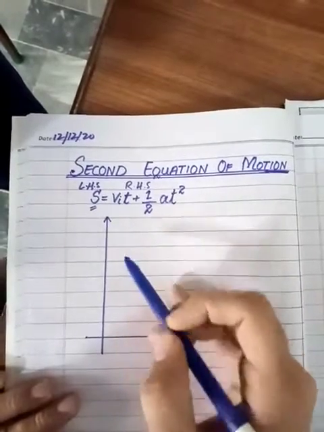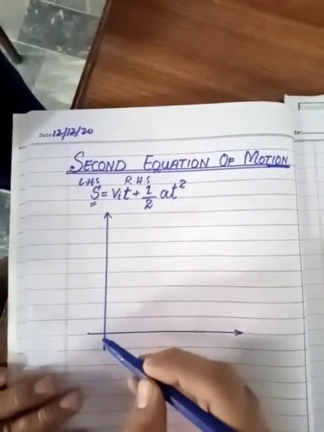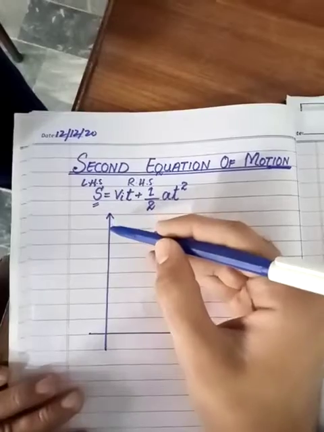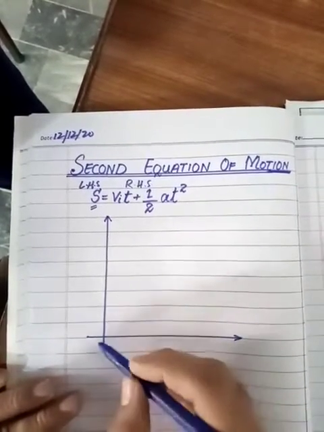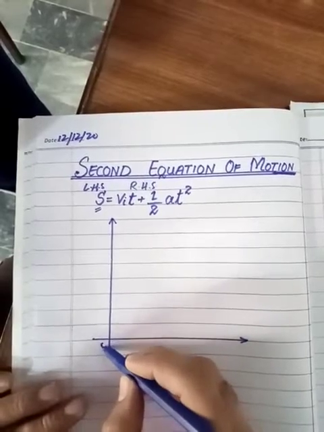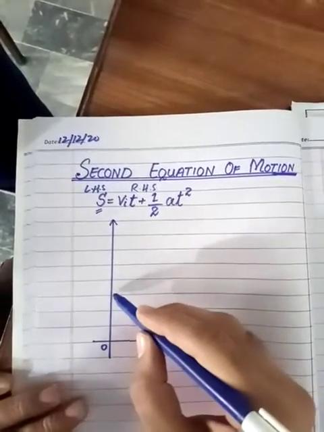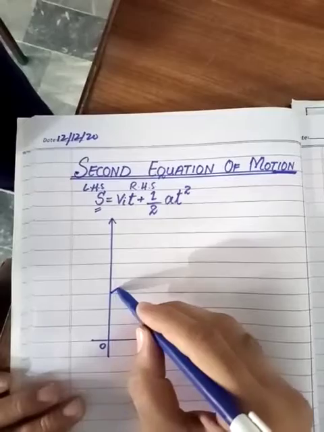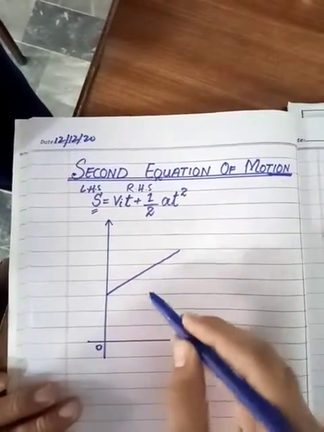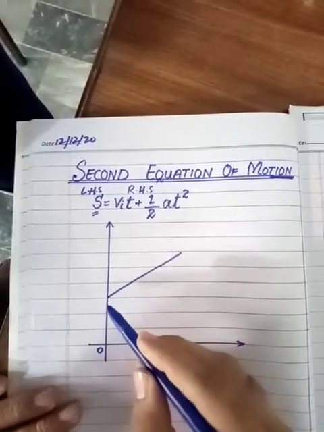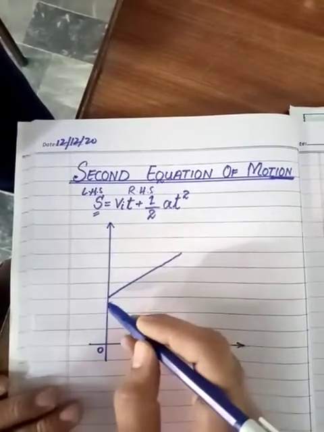We will derive our equation graphically, by the graphical method. Here we have drawn the vertical axis, the y axis, and the horizontal axis, the x axis. This point is the origin, and here we say that a body started with some initial velocity which is not equal to 0.